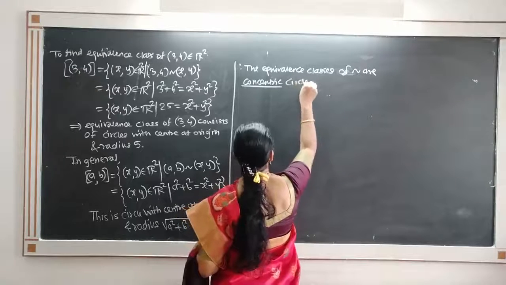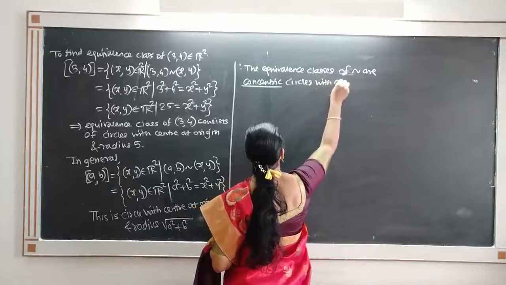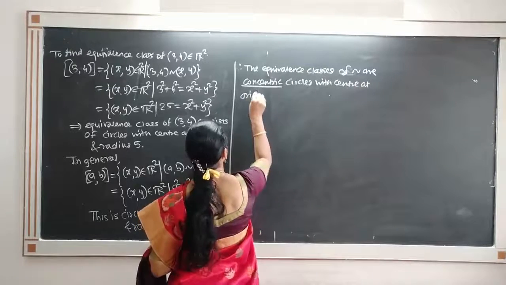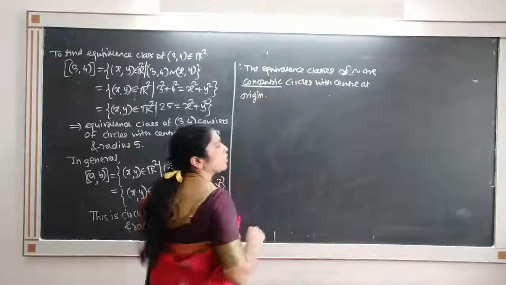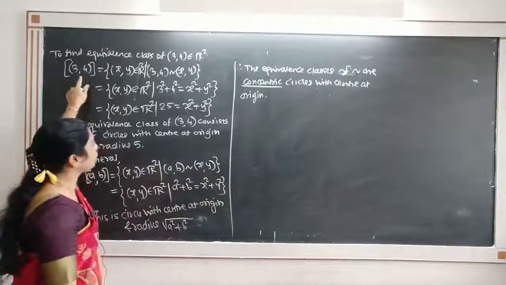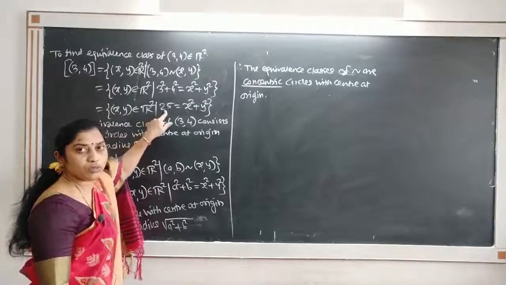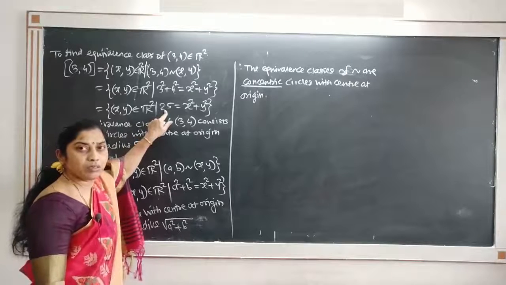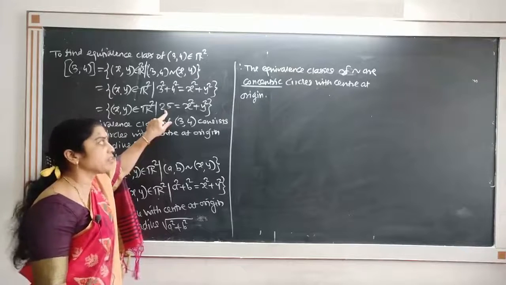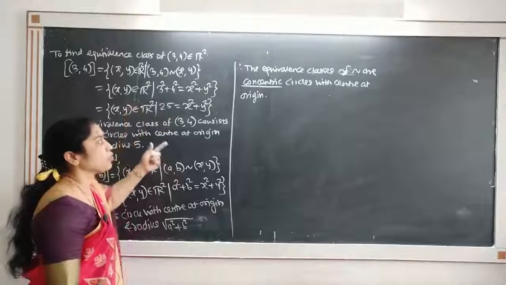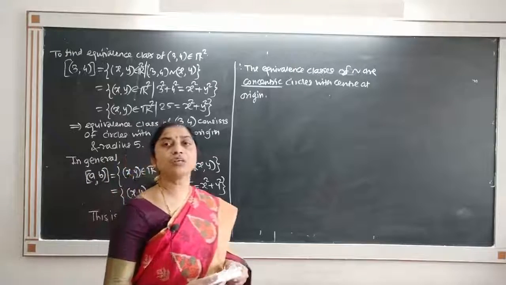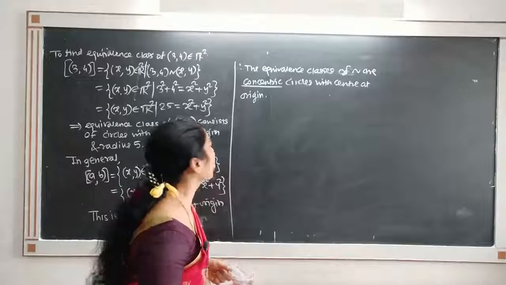So observe that as you change the element, if you have (3, 4), the radius will be 5. If it is (2, 1), the radius will be root of 2 square plus 1 square, that is root 5, etc. So we get all equivalence classes are nothing but concentric circles with center at origin.